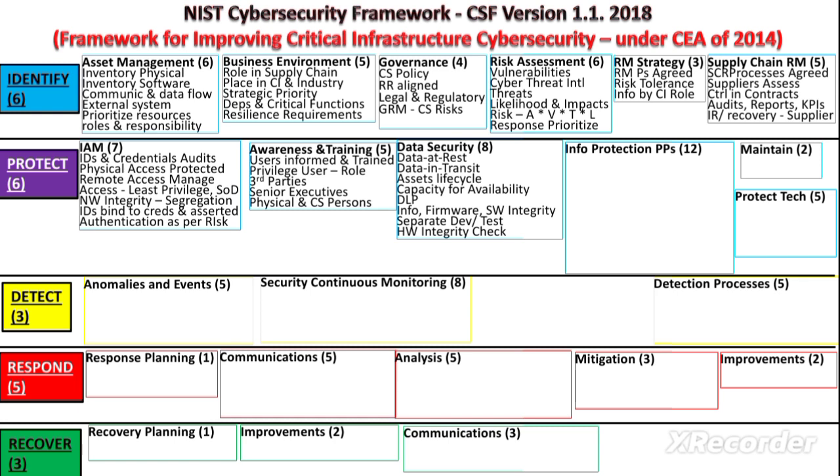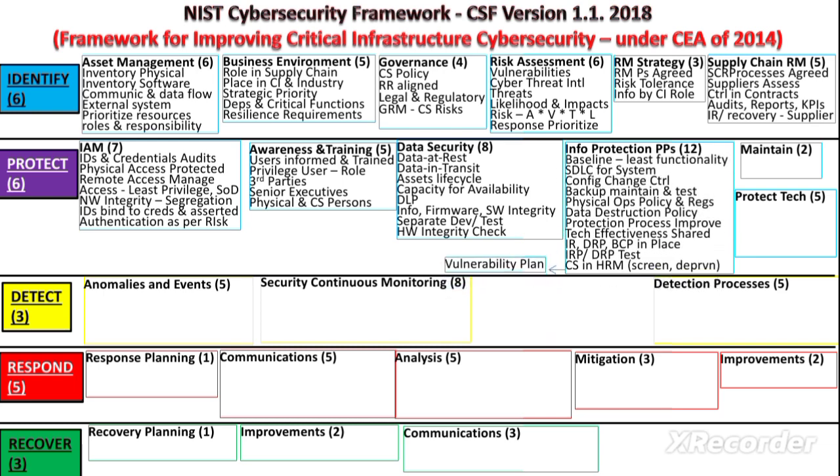Then in information protection processes and procedures, there are 12 subcategories or sub activities. So you have to define the baselines for your system and network configurations on the principle of least functionality. That is, you have to harden everything else.